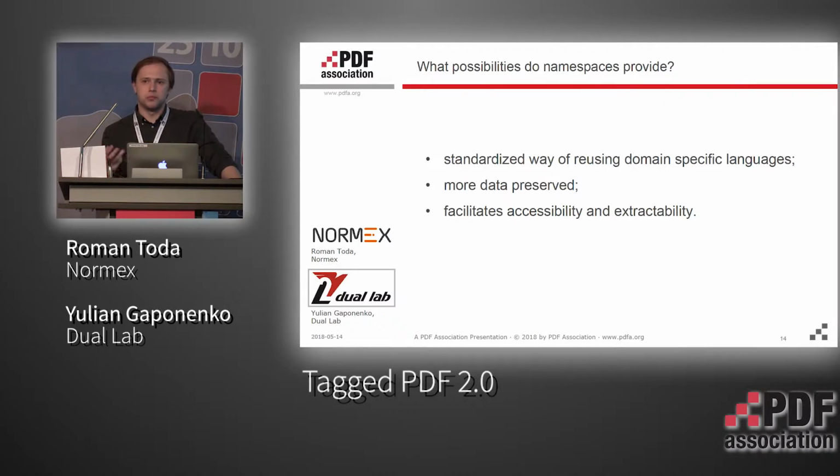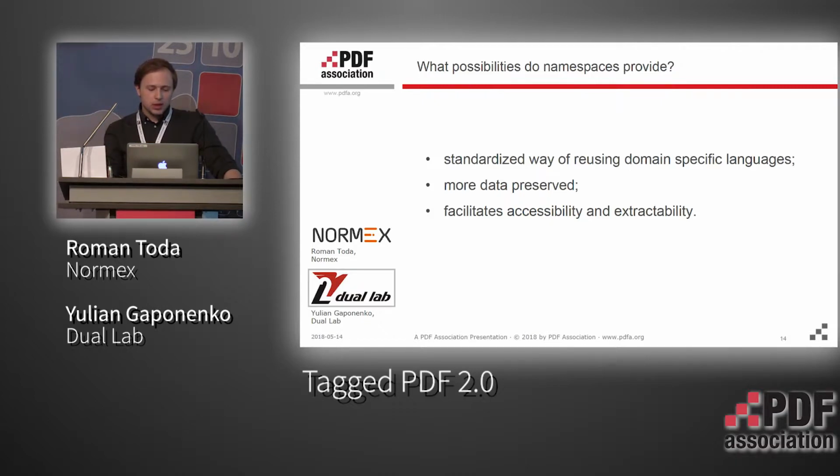There are some domain-specific languages like math that you cannot properly tag with existing structures from the standard structure tag set. Just imagine a multi-level mathematical expression. How would you tag it with divs or spans?